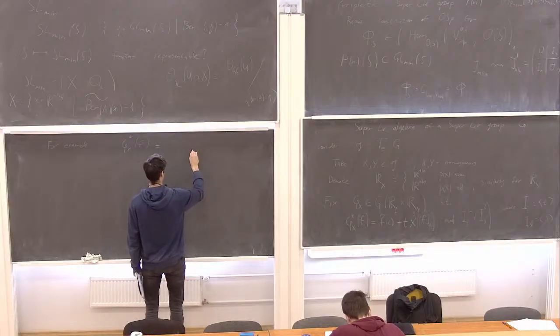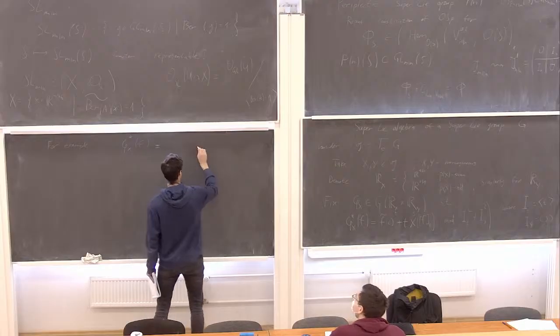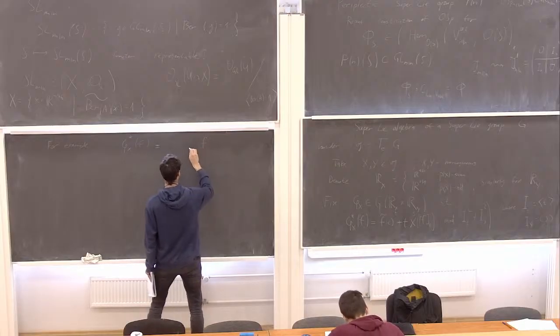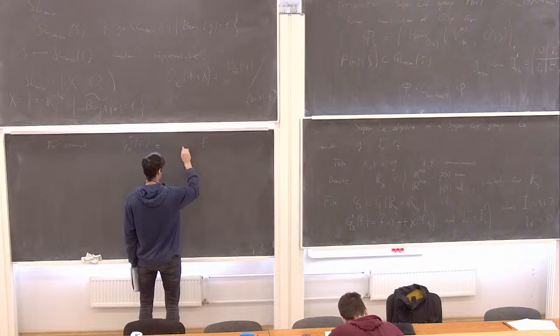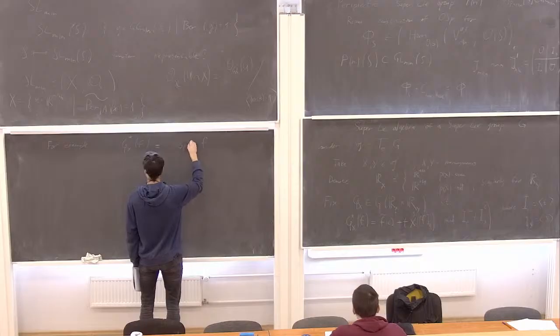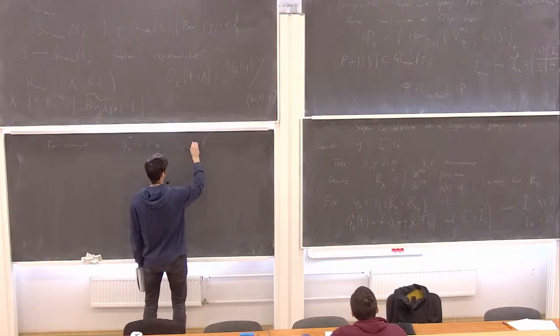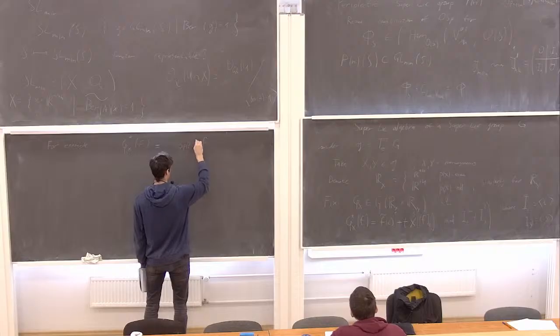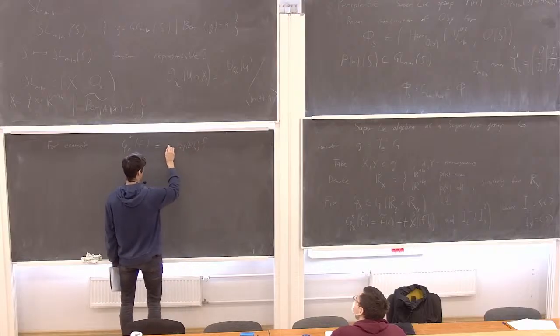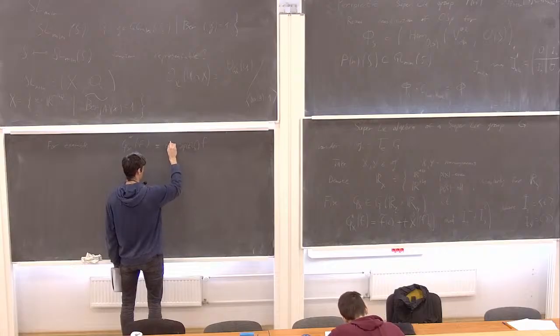I take my f, and apply exponential. So exponential of t times vx, and then evaluate at e.